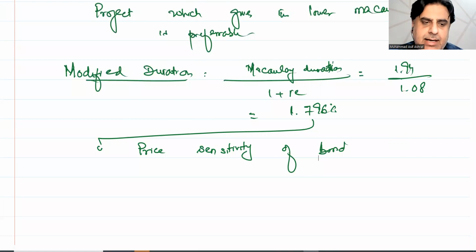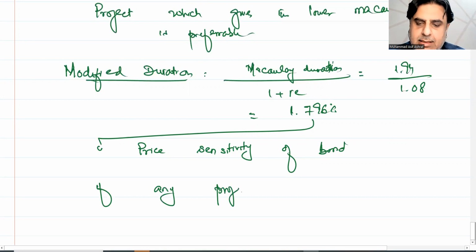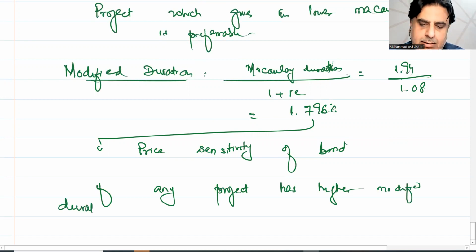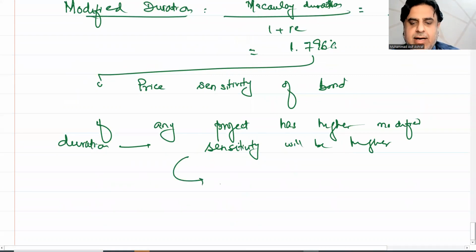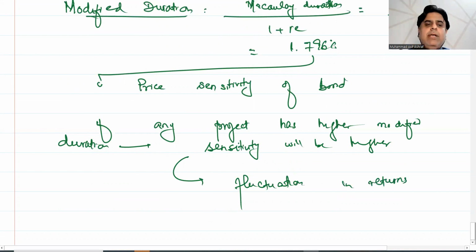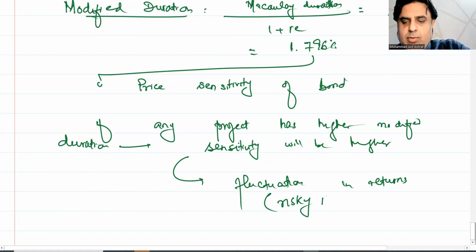This means that if any project has higher modified duration, its sensitivity will be higher. And what is the meaning of higher sensitivity? It means there will be greater fluctuation in the returns. And you know, a project where we have greater fluctuation in the returns is considered to be a more risky investment.